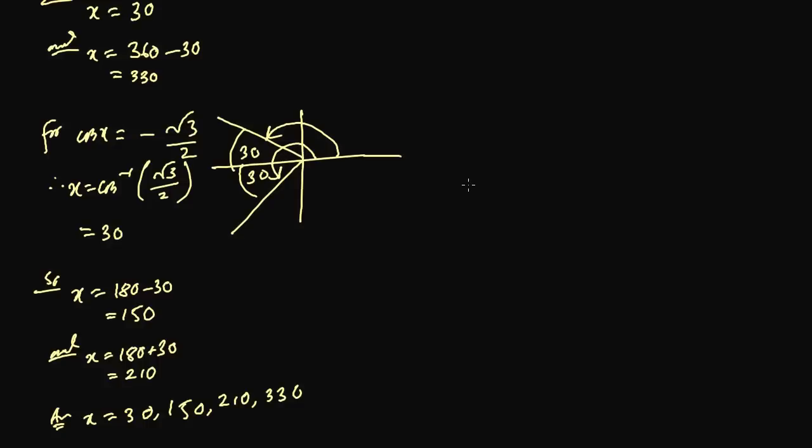Let's do a sum where we have a quadratic form that needs to be broken down using middle term break. So let's do an example. 2 tan squared x minus 3 tan x plus 1 equals 0.